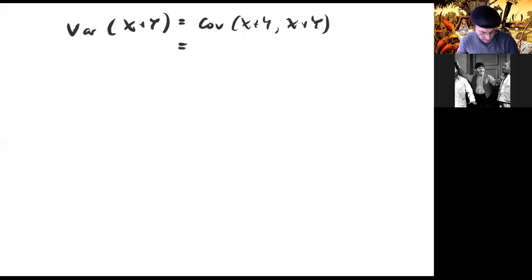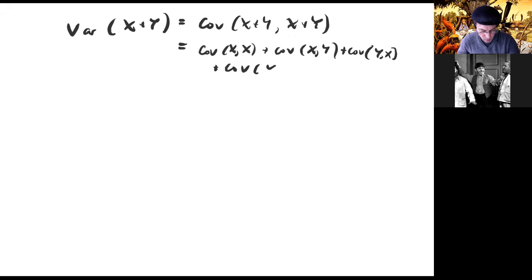And then we can break it up as the covariance of x with itself plus the covariance of x with y plus, from the properties on the previous slide, the covariance of y and x plus the covariance of y with y. This can be rewritten, using the properties, as the variance of x plus the variance of y plus two cross terms, which can be written as the covariance of x and y.